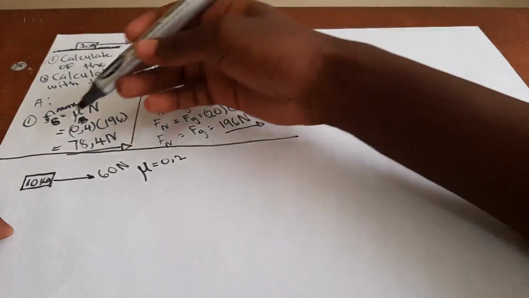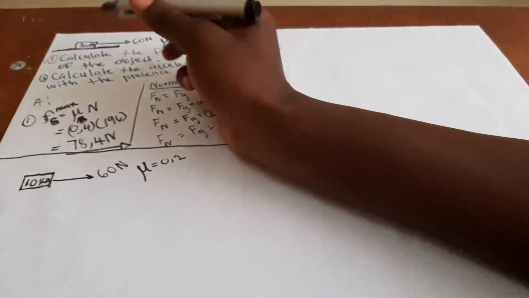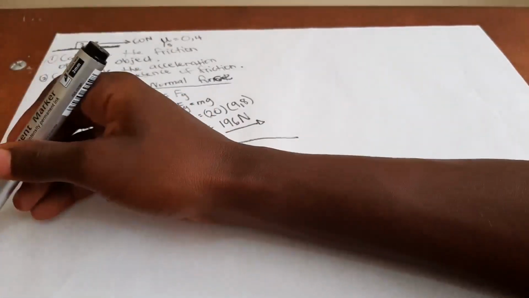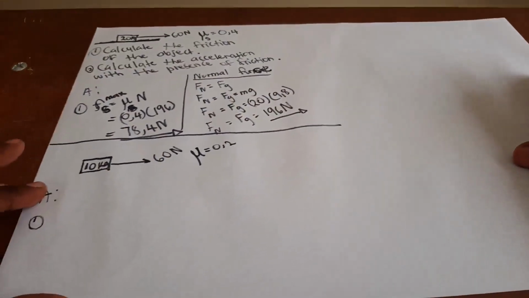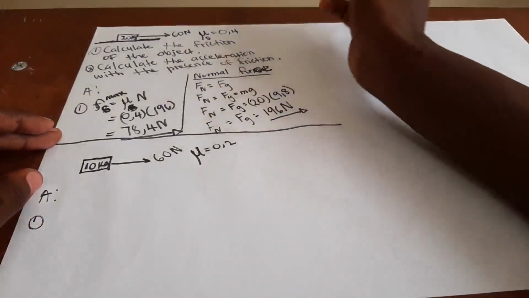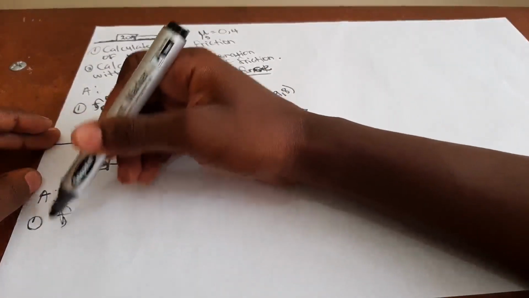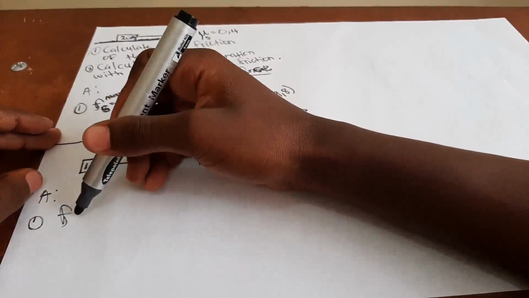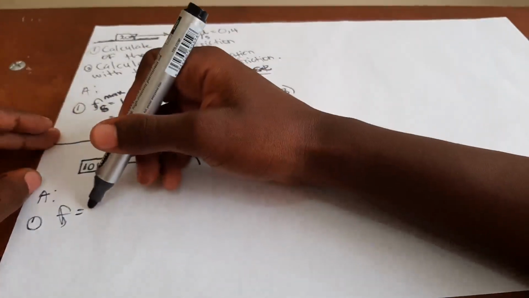So let's calculate. These are our answers using the very same question upwards. For number 1, calculate the friction of the object.